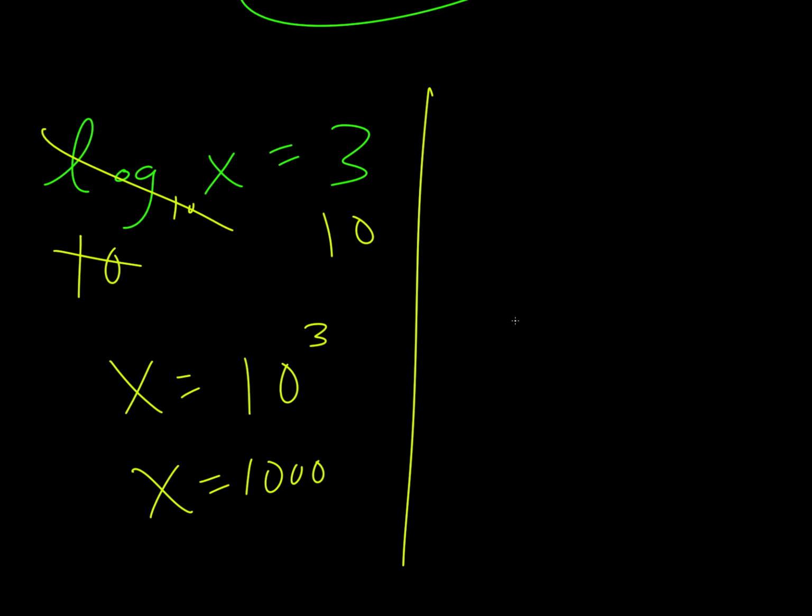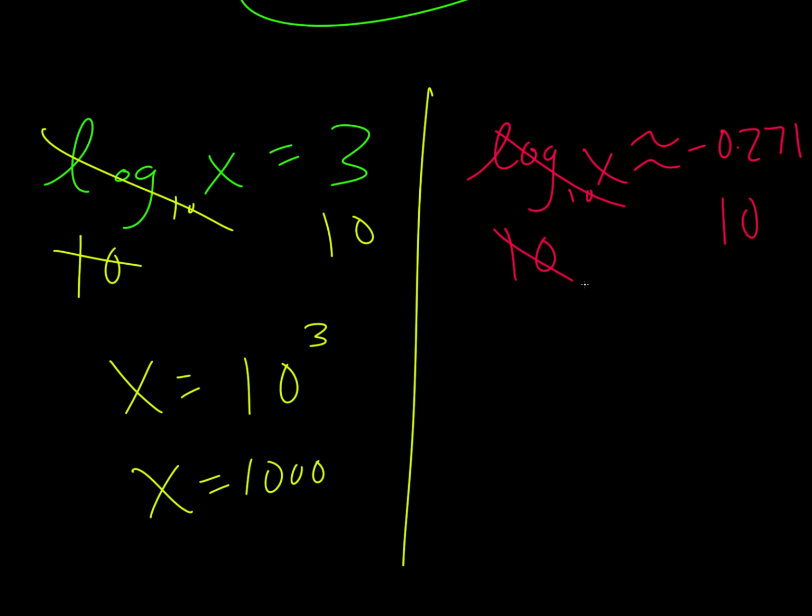Okay, now we have log x is approximately negative 0.271. Once again, this is a base 10, so I'm going to big 10 both sides and cancel those, so x equals 10 to the negative 0.271.